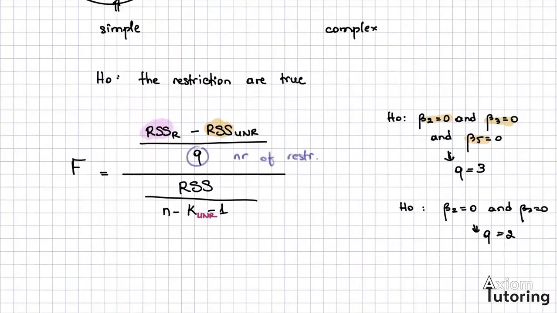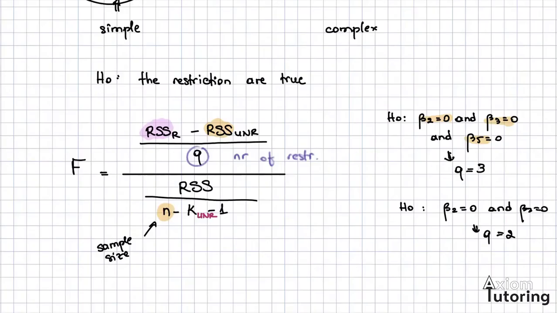Getting back to the other elements, N is as usual your sample size, which should be equal for both of them if you're really comparing models. If you're comparing models where your number of observations is different, then you have to be very careful, because it might mean that the comparison that you're making is not exactly between apples and apples, but apples and oranges, because now you have to take into consideration if anything changes, given that your observations are not the same in both regressions.